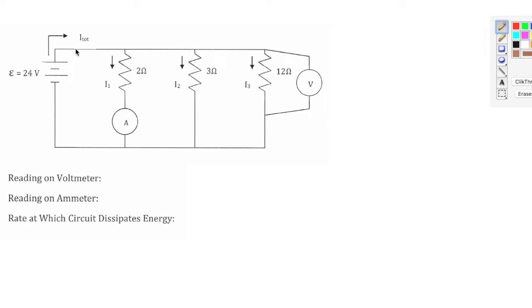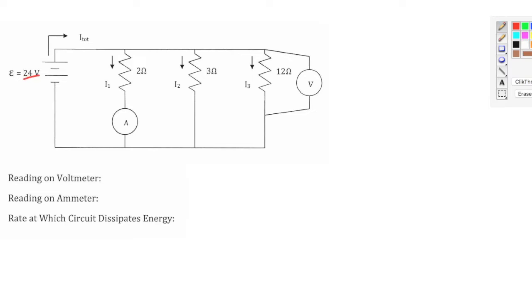Okay, so we have a circuit here that we can see is a parallel circuit. Just as in our previous problem, they've given us an EMF, which is just the old-fashioned way of saying what the voltage for the battery is, the electromotive force that drives the current through this circuit.